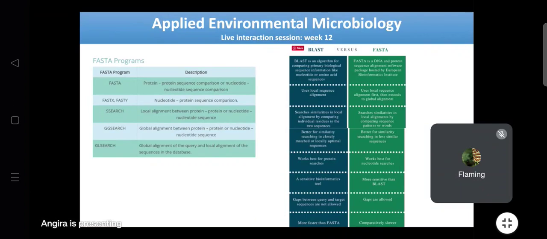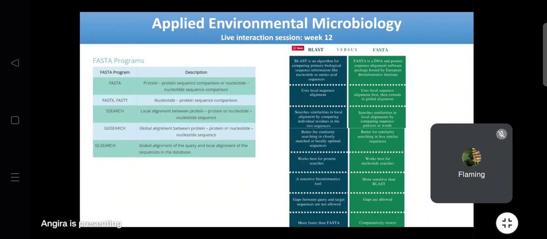In BLAST, for better similarity, searching is closely matched for locally optimal sequences, whereas for FASTA, searching is also done in less similar sequences.